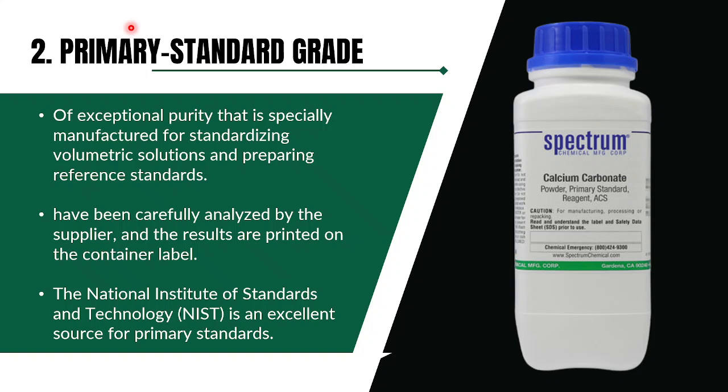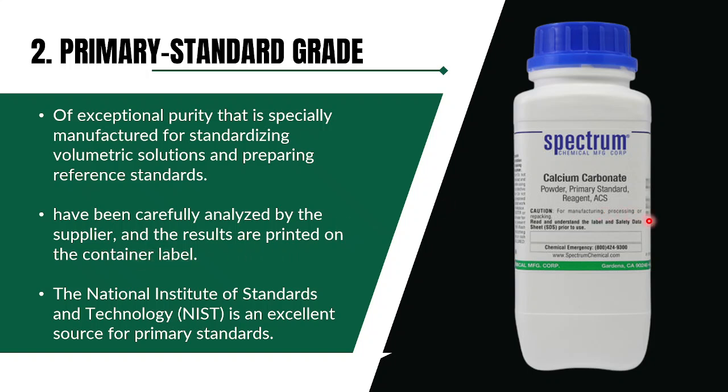Now, aside from that, this primary standard grade is also manufactured for standardizing volumetric solutions and for preparing reference standards. They have also been carefully analyzed by the supplier, and the results are printed on the container label.